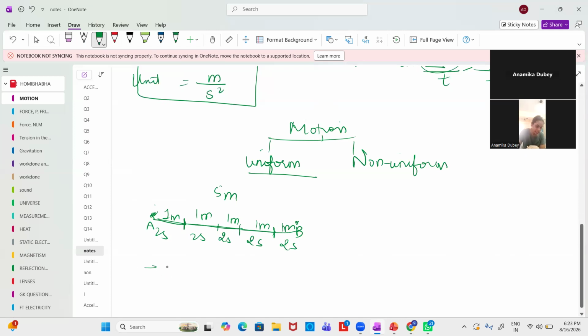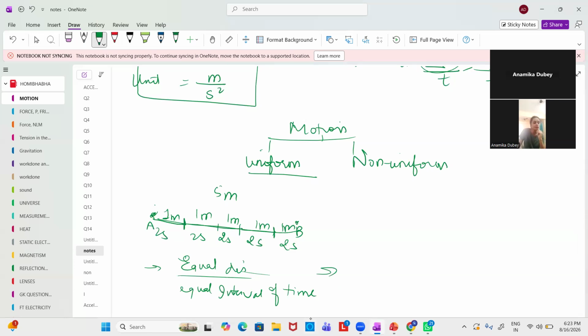So if the boy covers equal distance in equal intervals of time, then the boy is said to be having uniform motion or uniform speed. That means when the object covers equal distances in equal intervals of time, the object is said to be in uniform motion.